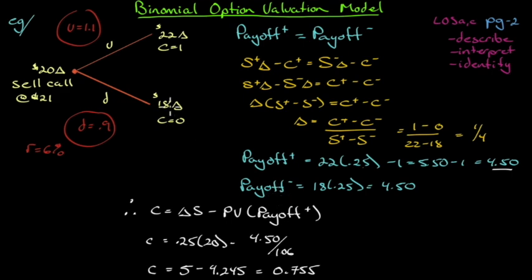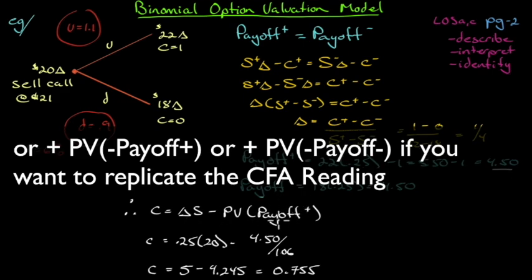It better work out for the downside because we've equated them, right? What's our payoff down here? 18 times 0.25. The call is worth 0, so we can ignore it. That's $4.50. So our payoff is the same no matter which way we go. So now we're in a position to calculate what this call price will be. The call price will be the value of the original position that we take minus the present value of the future payoff.